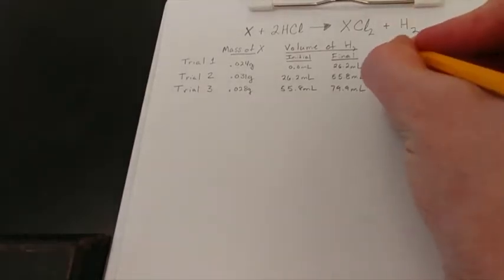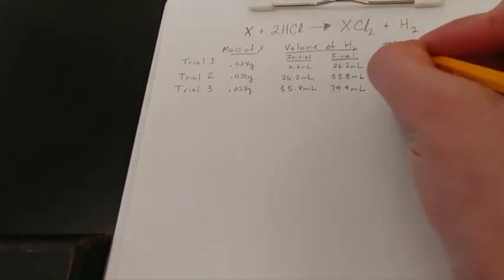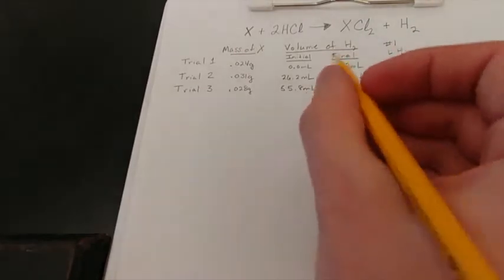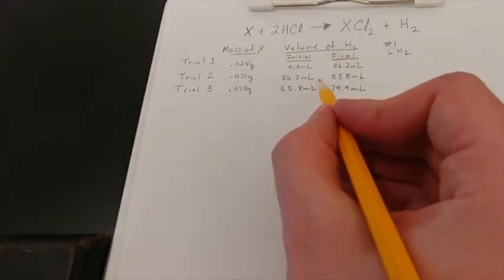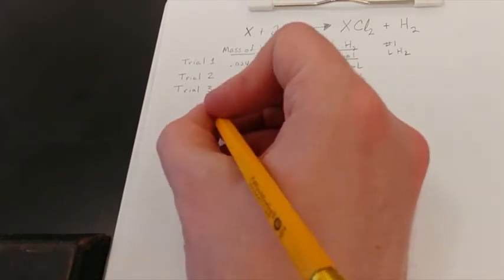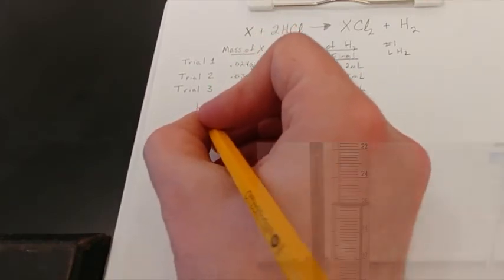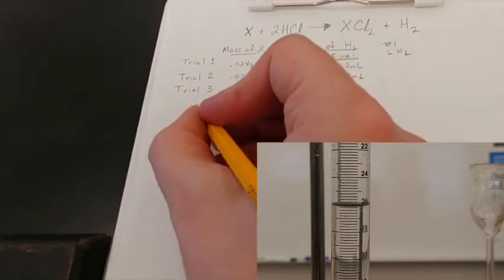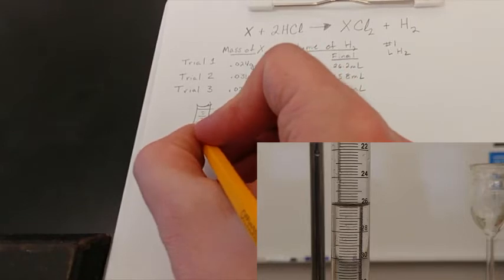Now, you've got number 1 to fill, which is the liters of H2. To find the liters of H2, all I need is how much H2 filled in here. Remember, there was a eudiometer, right? And it had the markings as it was going down. We're basically finding the difference between where it started and where it ended.